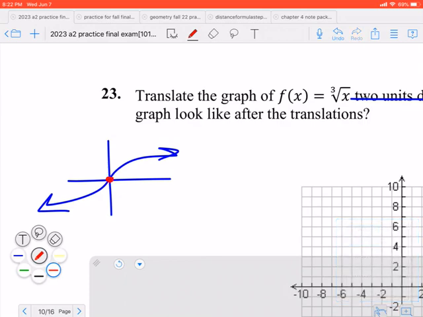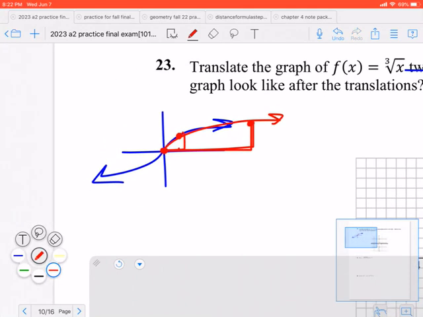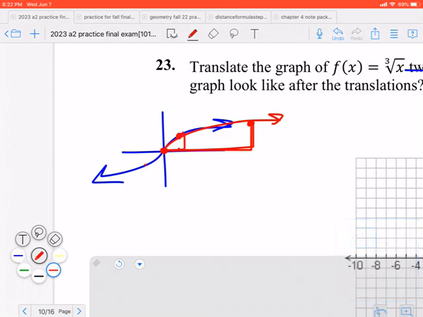Cube root of 0 is 0. If I plug in a 1, cube root of 1 is 1. And then my next perfect cube is an 8. So if I plug in an 8, the cube root of 8 is 2. So it's going over 1, up 1, over 8, up 2. And then the same thing on the other side, just in the negative direction. Left 1, down 1, left 8, down 2.